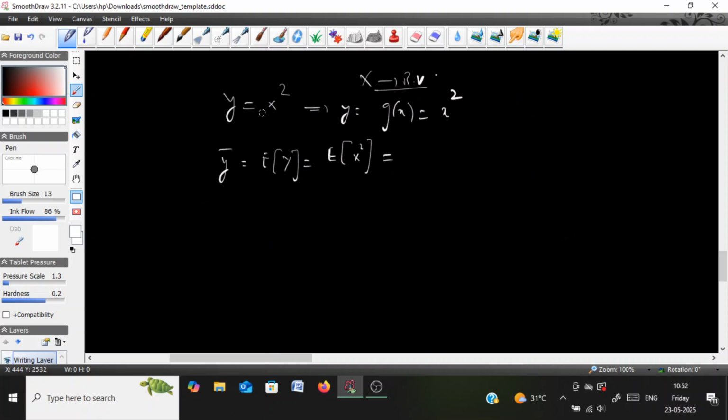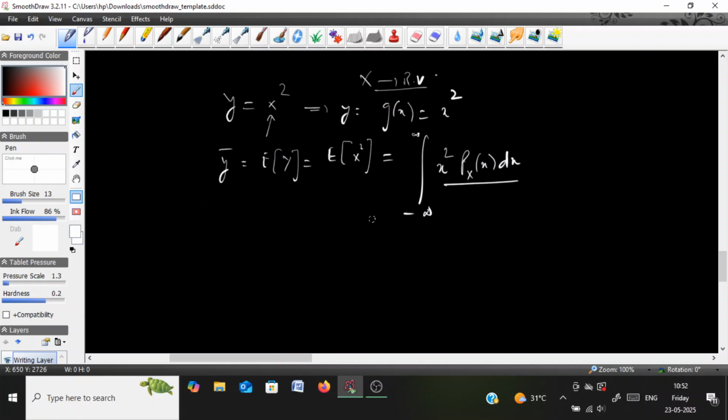So it is simply taking the square of the values which the random variable x can take. If x takes a value of 1, then that is transformed to 1. If it takes a value of 2, it is transformed to 4, and so on. So E of x square will be equal to the integral of g of x, which is x square, into px of x dx.